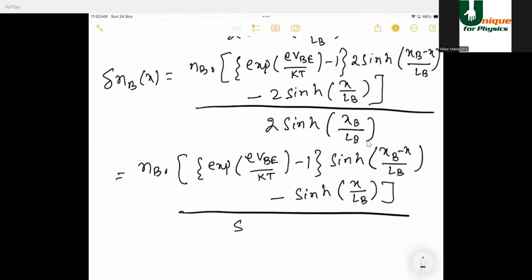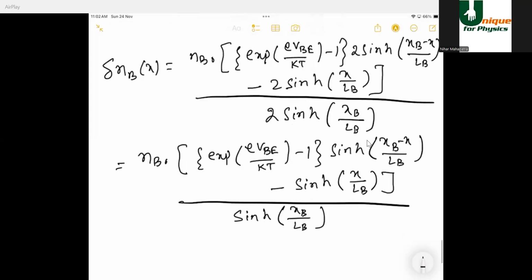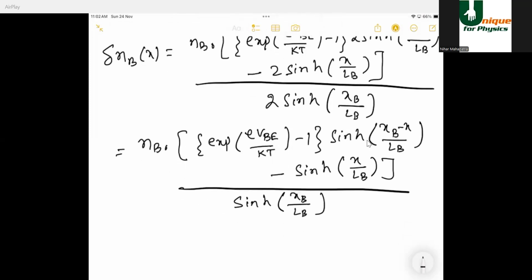And then your sinh of xb upon Lb. Okay, this is what we got, right? This is our final expression, but we can do a little more modification. This is the expression for your delta nbx.